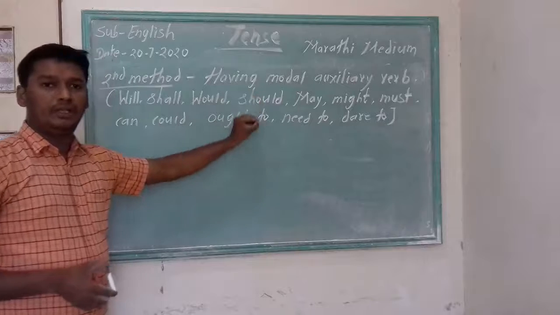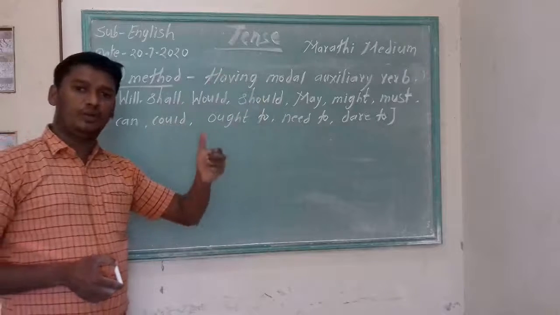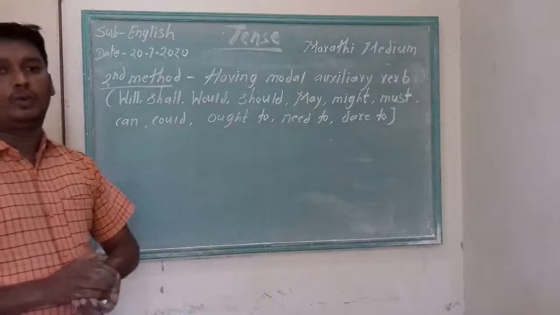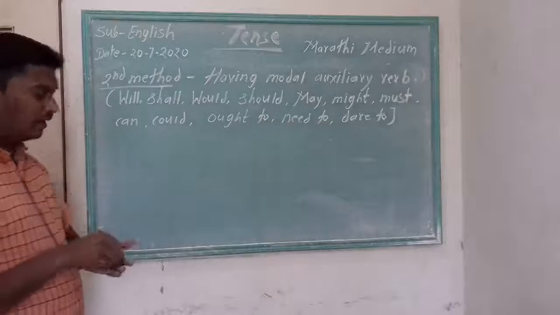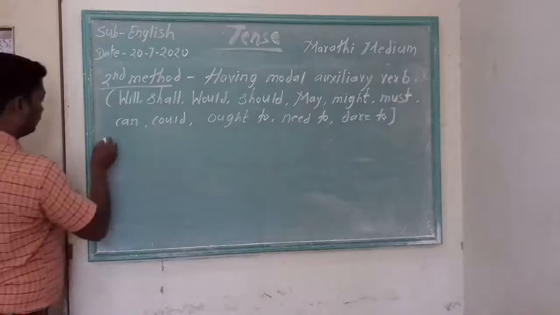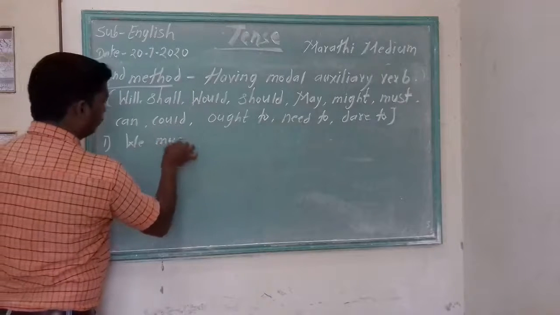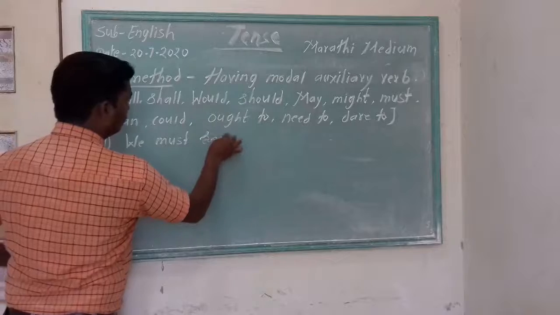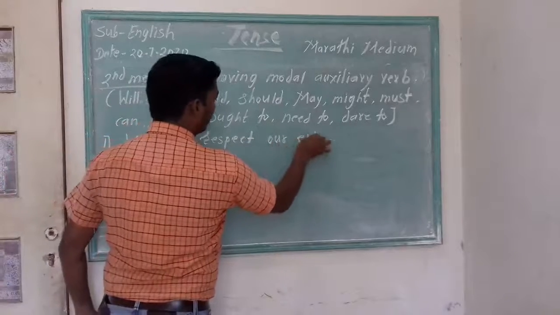If in any given sentence there is a modal auxiliary, then we have to make one additional change. Let's learn about that. First, I take some examples here. We must respect our elders.